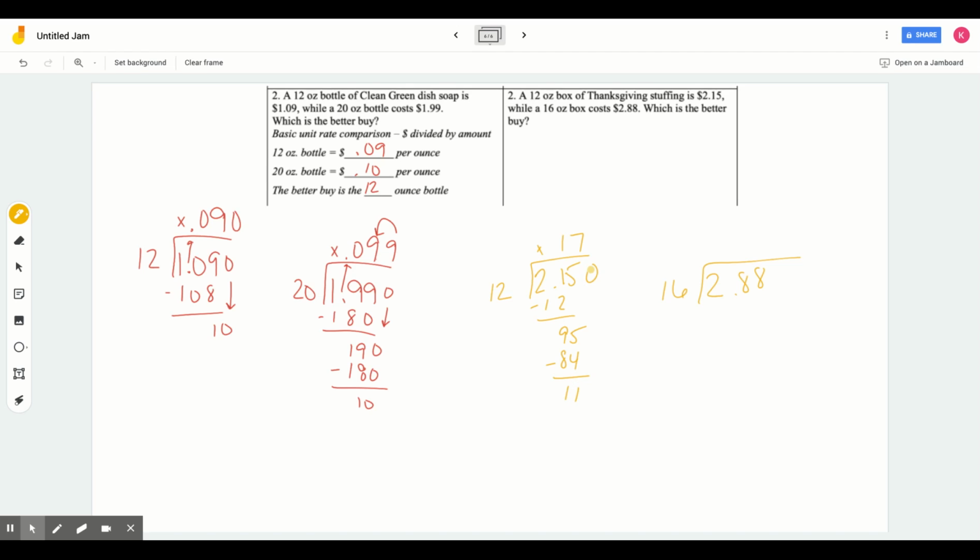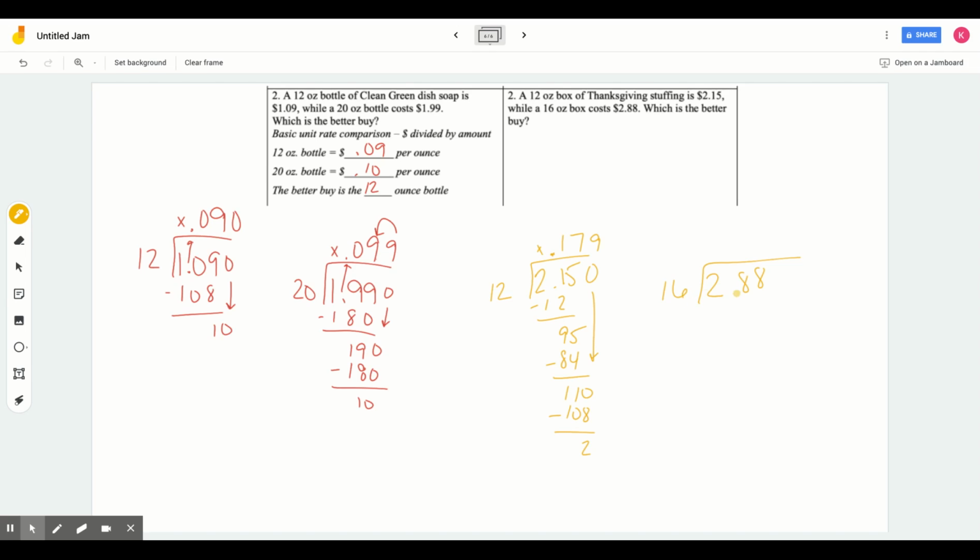When we subtract, we can bring down a 0. 12 can go into 110 9 times. 12 times 9 is 108. So 110 take away 108 is 2, and we're going to stop there for now.